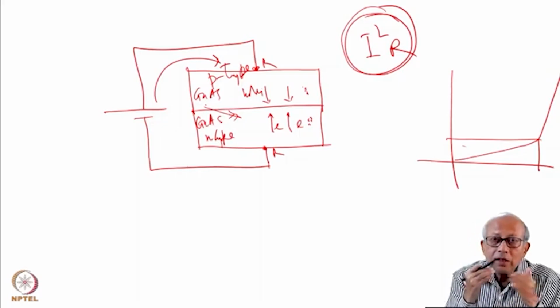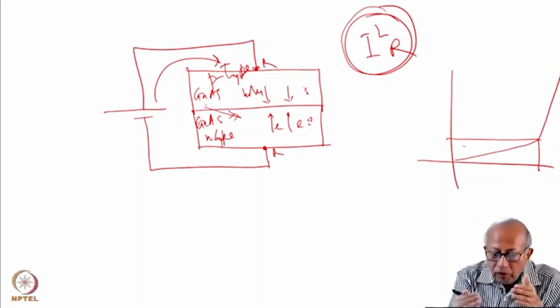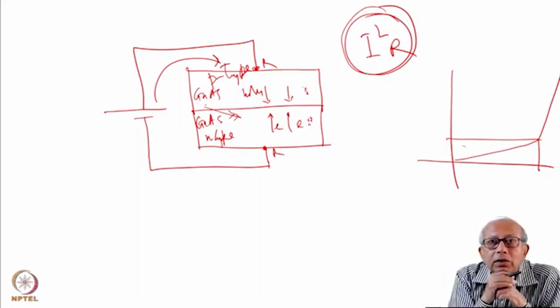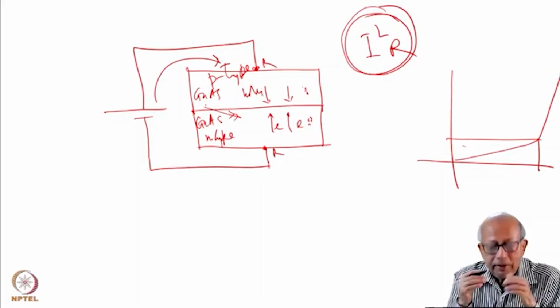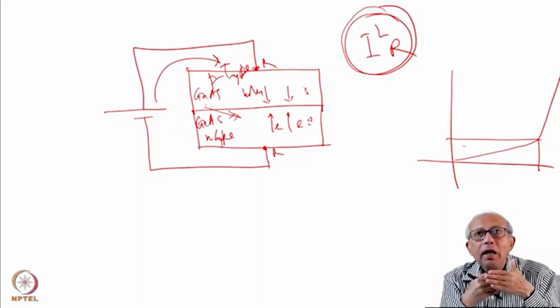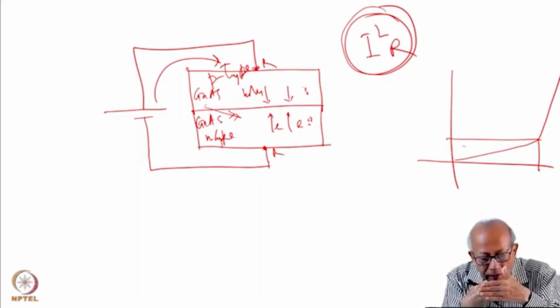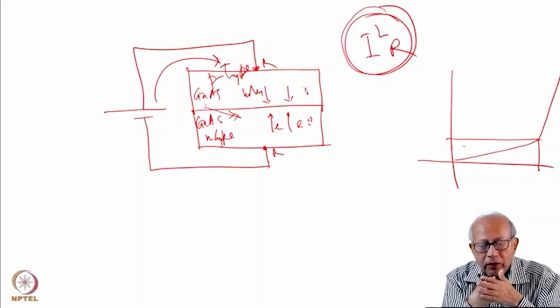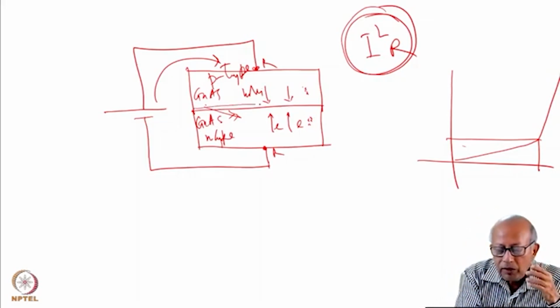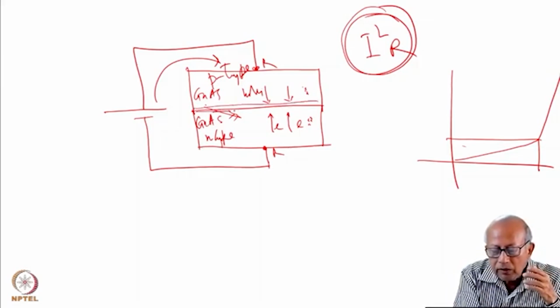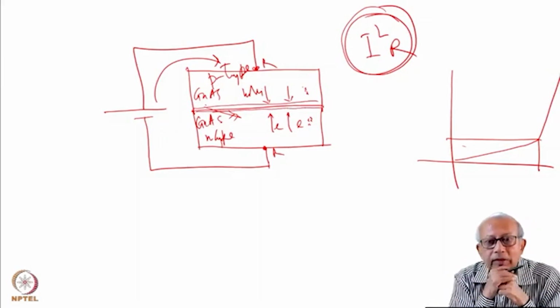Therefore, there is nothing to actually confine these charge carriers and make them recombine more effectively within this periphery of the junction where the chance that they will meet.